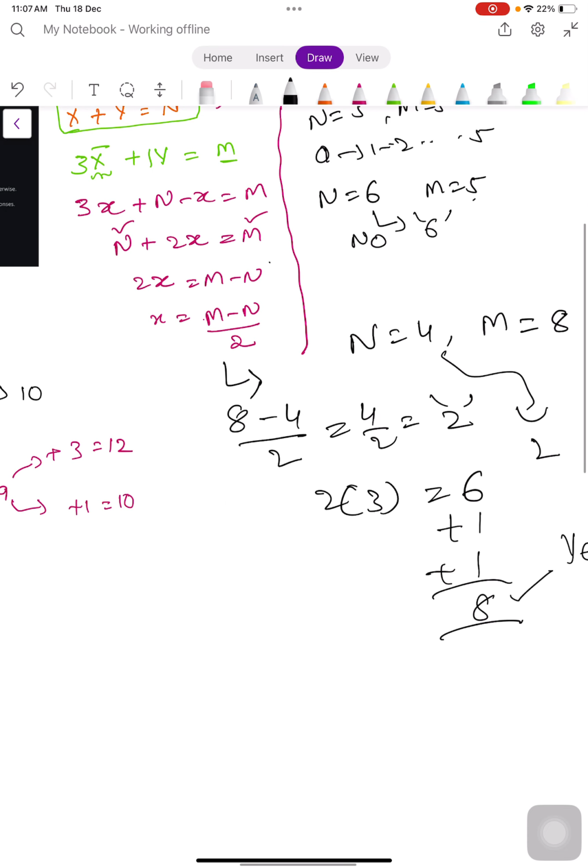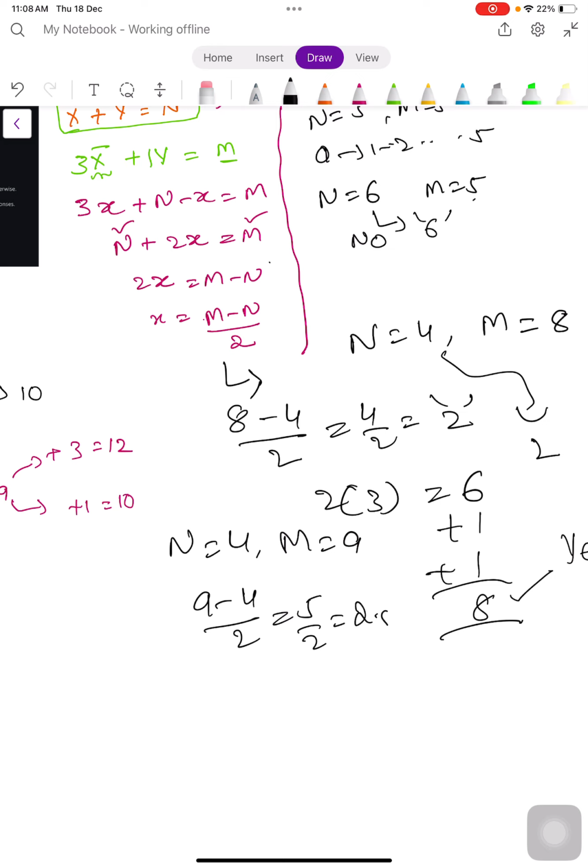But if n value is 4 and m value is 9, then we will get (9 minus 4) by 2, which is 5 by 2, which is 2.5. That means making 2.5 moves of plus 3, but we are not allowed to do this. We are only allowed to do integer moves, not any decimal moves.